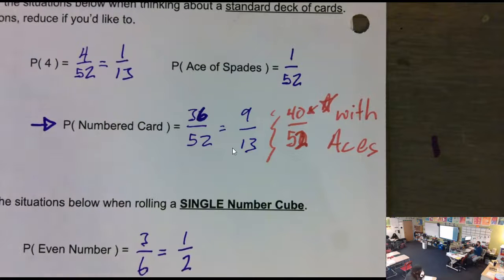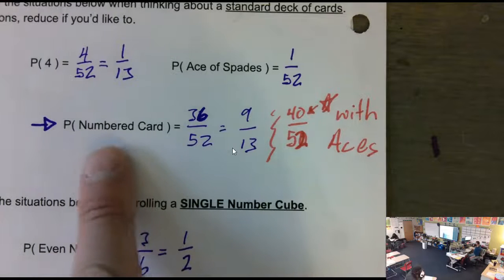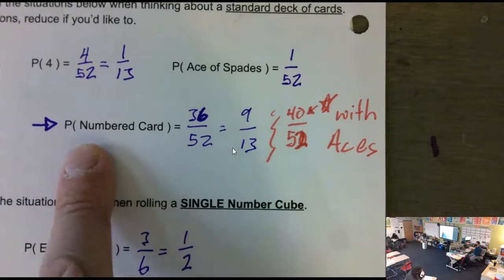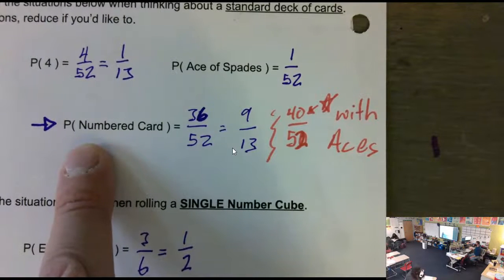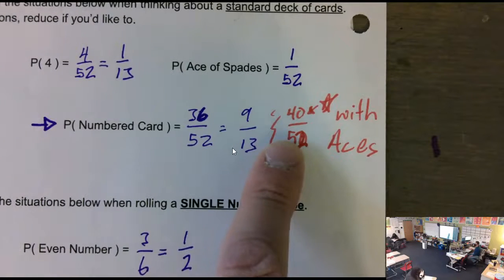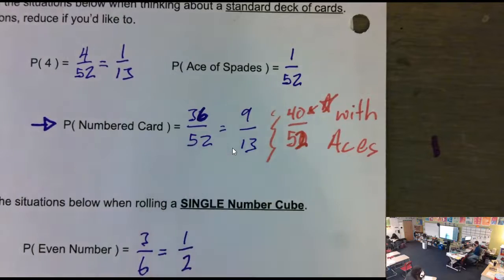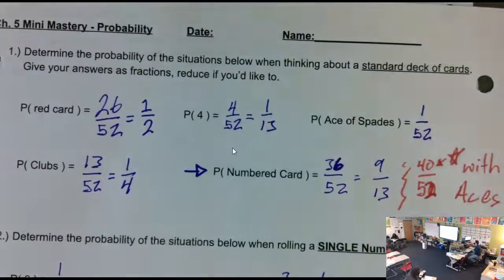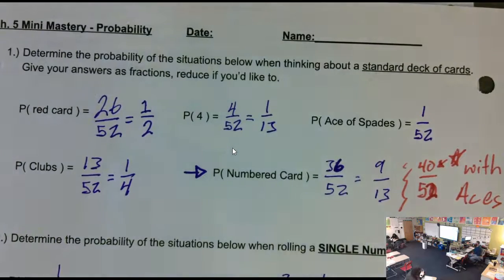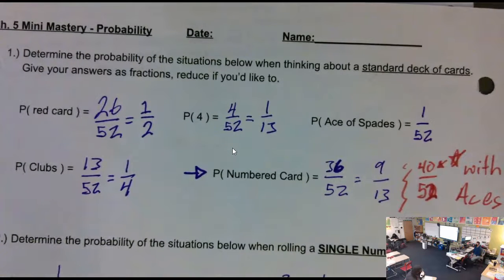Yeah, this is tricky. This is my fault. I might avoid this question in the future because the word numbered threw us off. We didn't know if ace was a numbered card or not. So if we count aces, it's 40. If we don't count them, it's 36, and it's always over 52 if we're talking about the entire deck. Any other questions about our deck of cards? Probability questions.